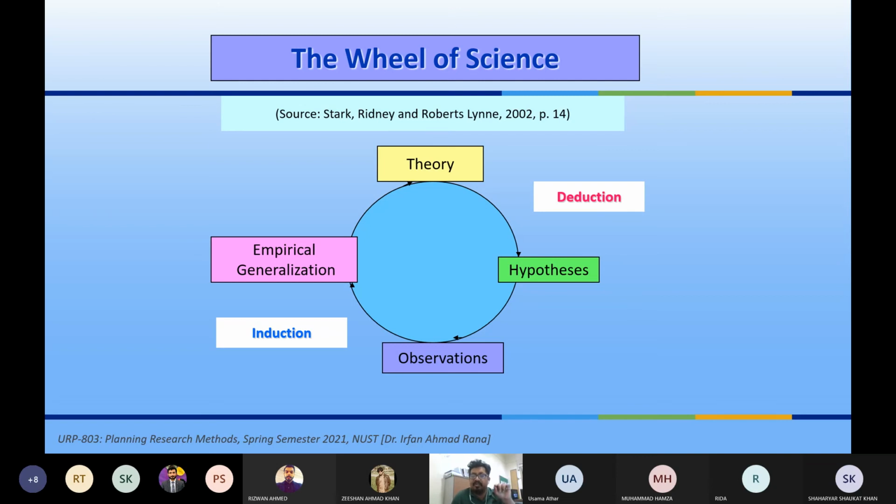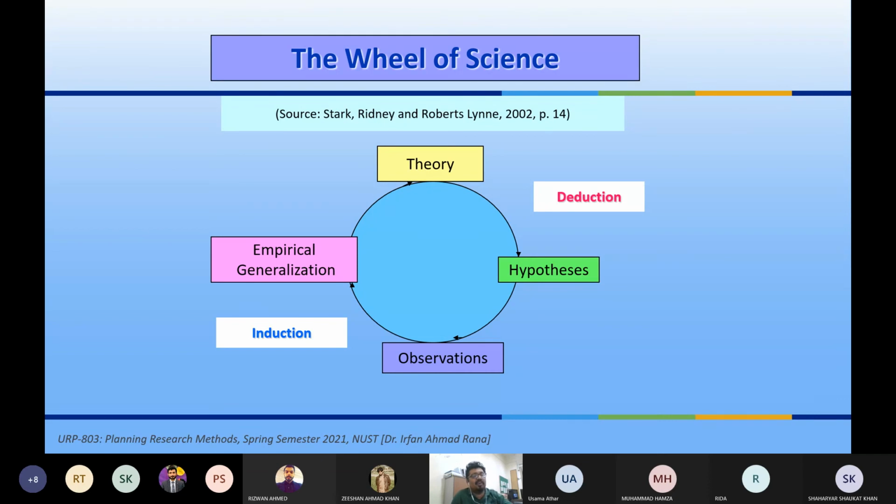Most of the time, some of the things will not hold true in the context of your area. All the points of this theory will not hold. Maybe 90% of the theory is okay, but 10% is not. So you are then saying, okay, this 10% of the theory is not valid in our context. So you are now adding to the investigation, and you are doing inductive reasoning to add something to the current theory.